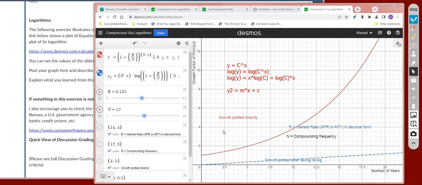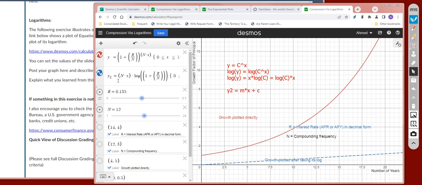The other piece to note is that the information about the interest rate, which over here is in capital C, which is the coefficient of the independent variable x, is now buried in the slope of this straight line, okay?